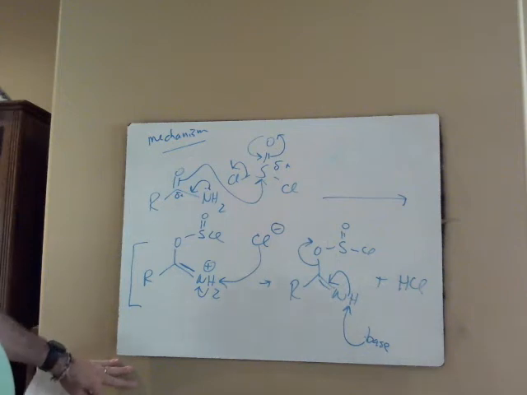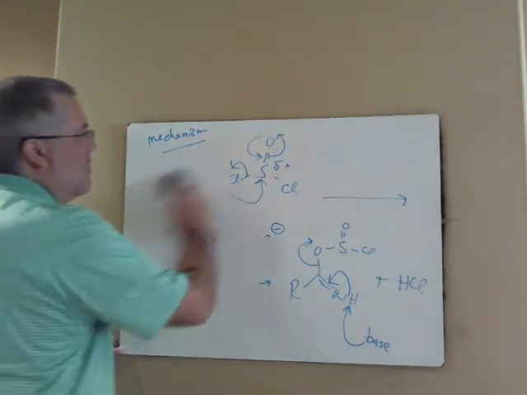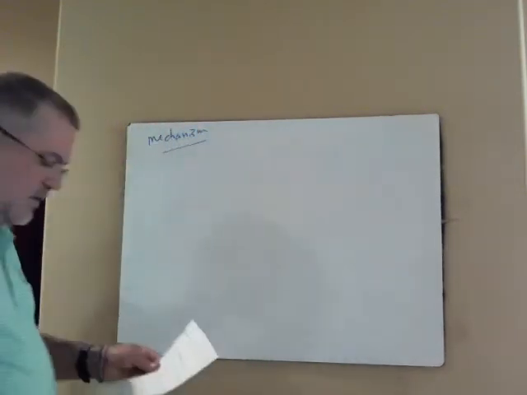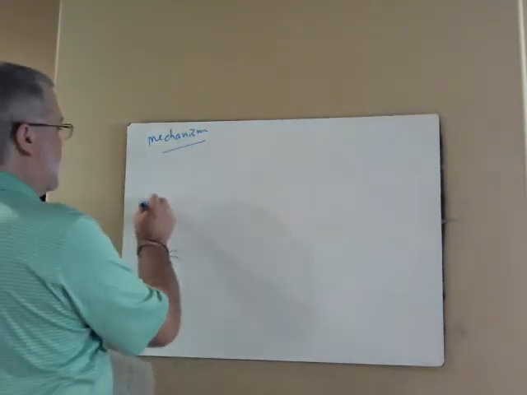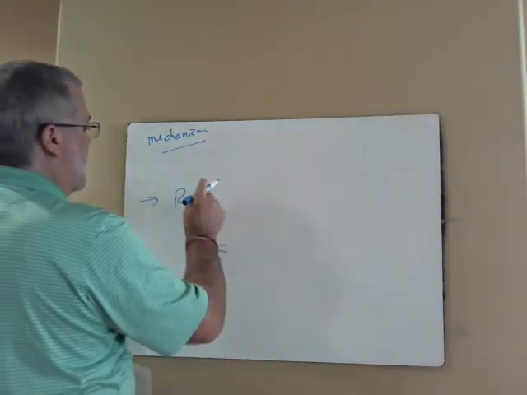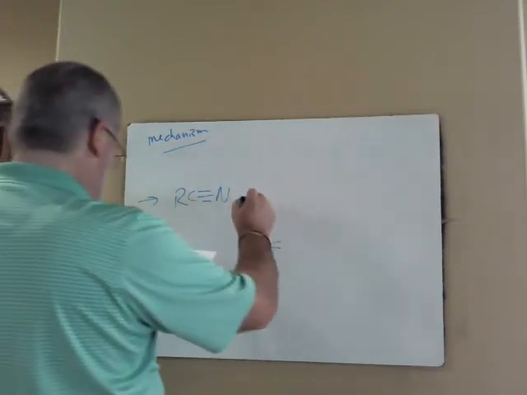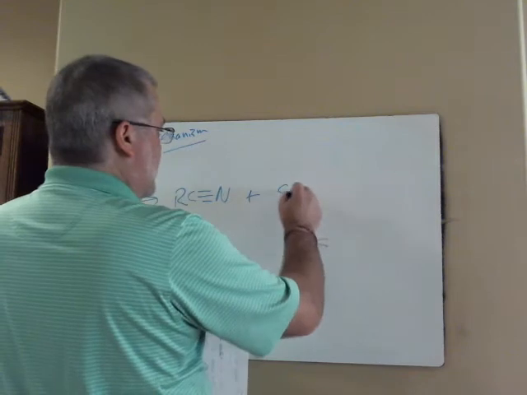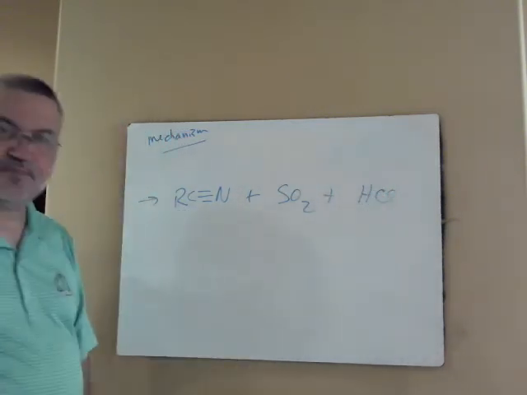Okay? And so through the magic of digital technology, I'm going to erase this and show the result of that electron push, which is that I've formed the triple bond between the C and the N. I have initially formed a species that generates the SO2 and another HCl.